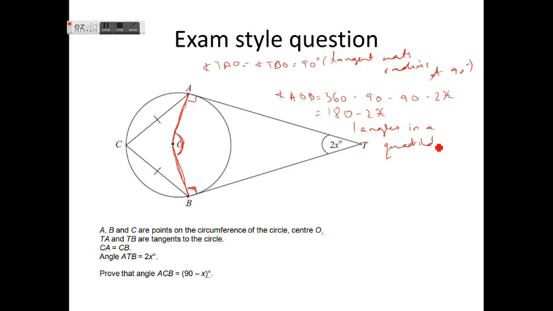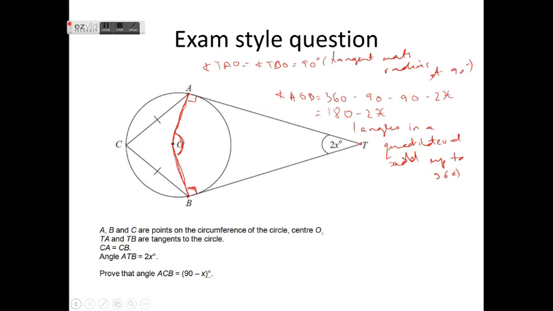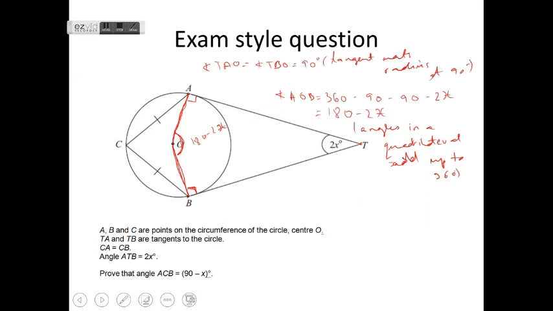And to justify that, we have to say that angles in a quadrilateral add up to 360 degrees. It's going to be long, so you should say add up to, and I shouldn't be lazy, add up to 360 degrees.